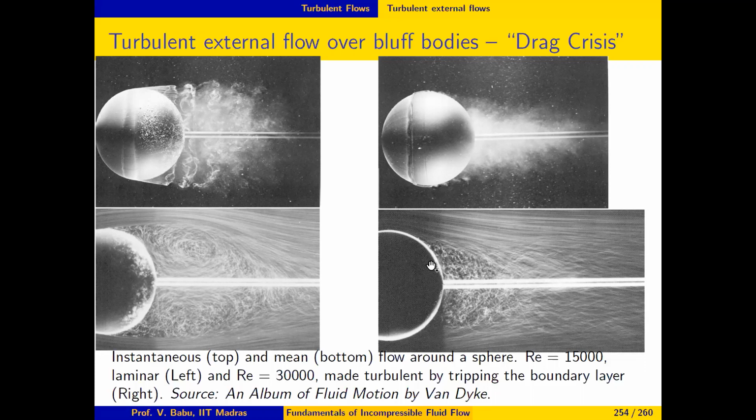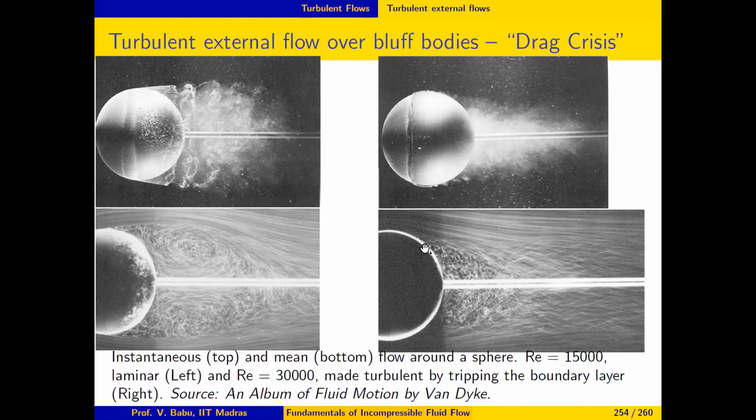Let me repeat that. The dramatic reduction in the size of the wake in this case can be expected to give rise to an overall reduction in the drag of the object, because the pressure drag contributes the most to the drag in both these cases.